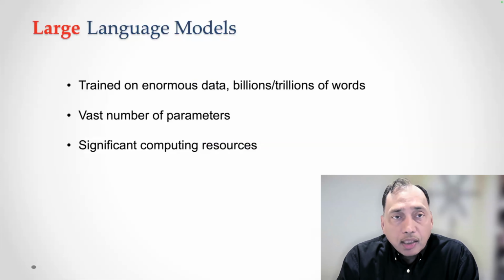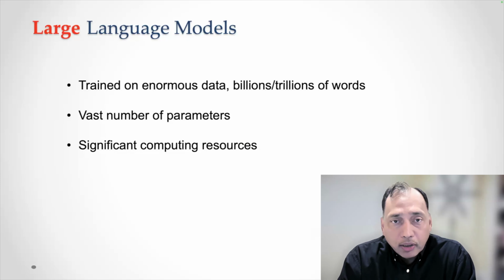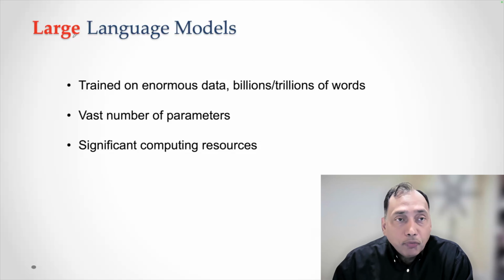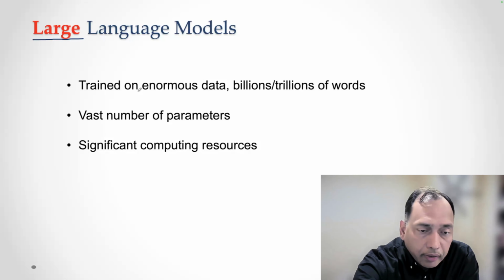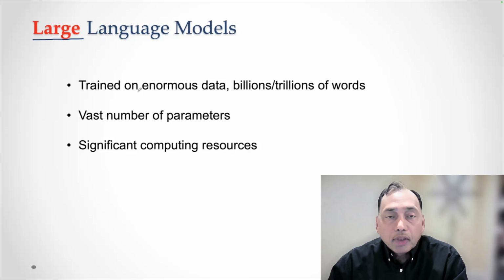So what is a large language model? If you simply focus on the word large, here it basically means these models are trained on enormous data, a huge amount of data, and this data has billions and trillions of words. So that is large. Also, they have a vast number of parameters.